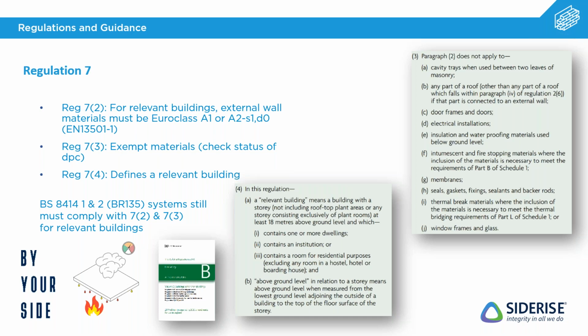So part 3 of the regulation actually gives a list of exempt materials, which you can see on the right box there, in brackets 3, and then a list of A to J of different types of materials. Now, whilst they're exempt from that A1 or A2 S1D0 rating, they may still have some minimum requirements, which I'll highlight some of those later on in the slides.